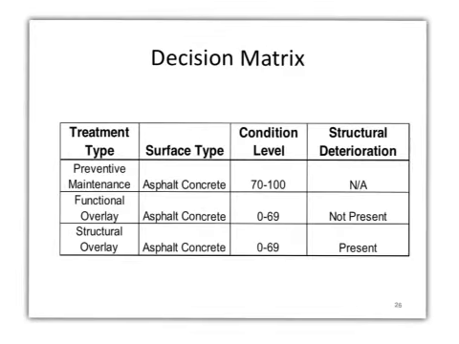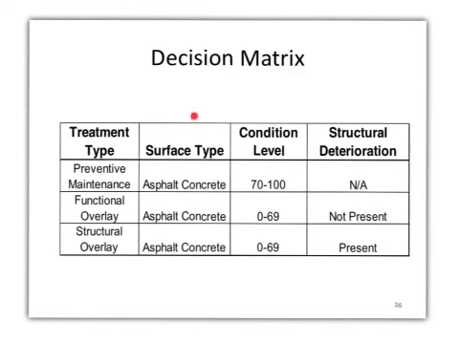I also can use a decision matrix. A decision matrix can be used while developing your multi-year prioritization. So the very first thing is you need to know what treatment type you're going to need to consider. The very first one is preventive maintenance versus functional overlay versus structural overlay, the same three treatment types that we dealt with in the decision tree.